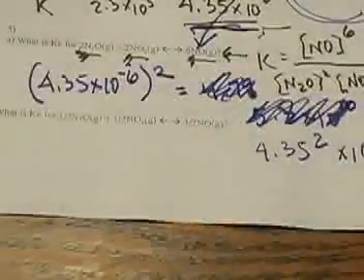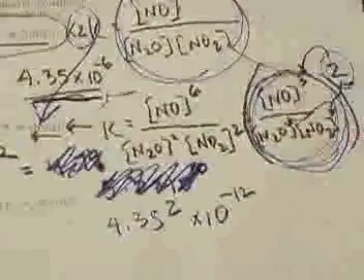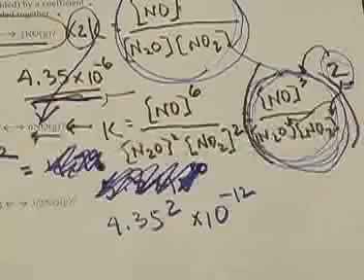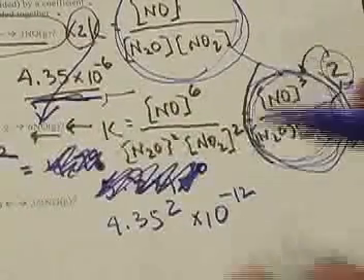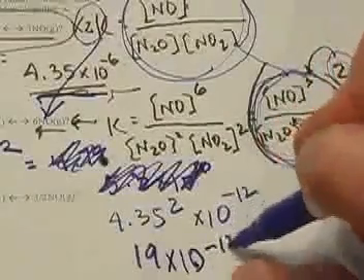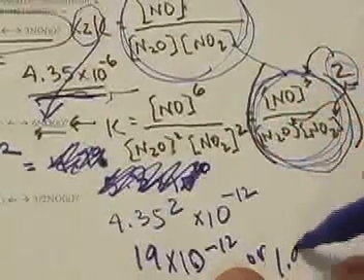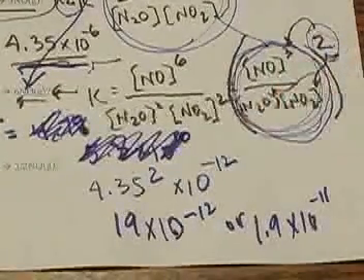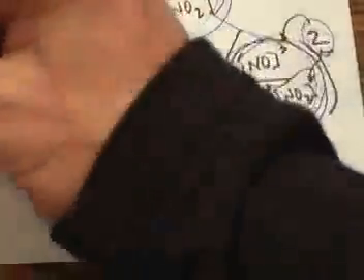Let's see, 4.35 squared. I can do it in my calculator really quick. Notice it's times 10 to the negative 12th. 4.35 squared would turn out to be about 19. So I'd end up with 19 times 10 to the negative 12th, or 1.9 times 10 to the negative 11th or so for my equilibrium constant there for 5a.